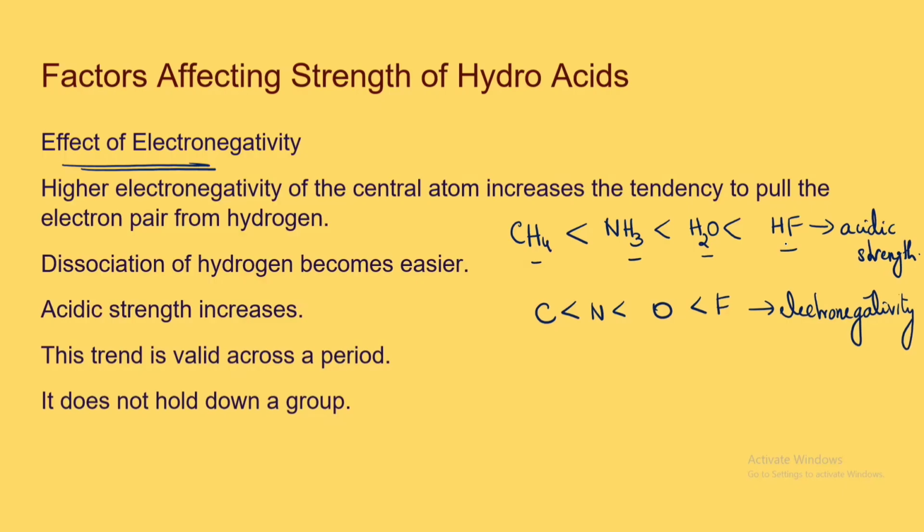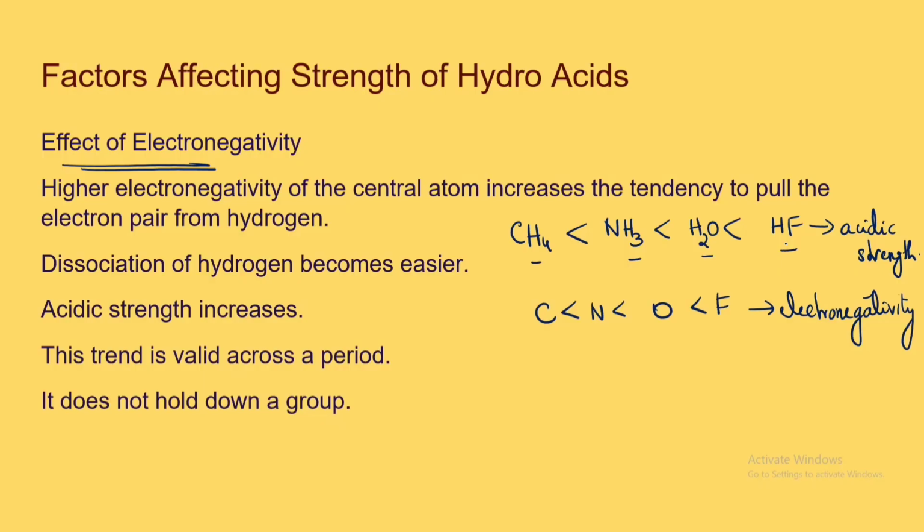We know that fluorine is more electronegative than oxygen, nitrogen, or carbon, so it pulls the electrons towards itself. Because of this, the removal of H+ becomes easier, and the acidic strength of HF is higher compared to the other compounds, that is water, ammonia, or methane.